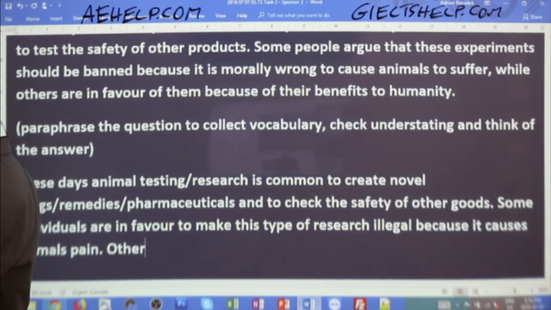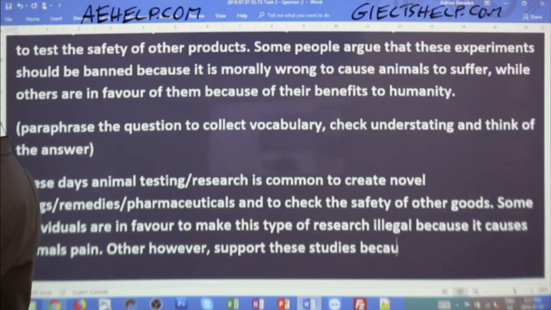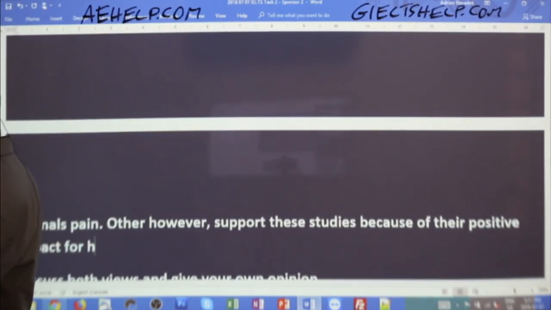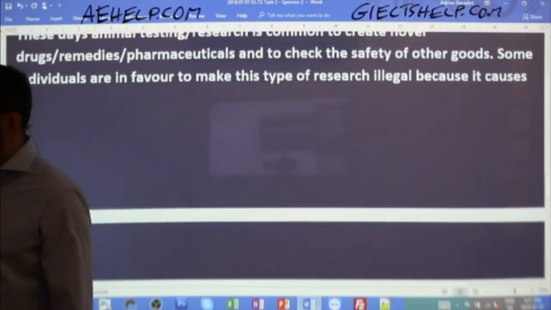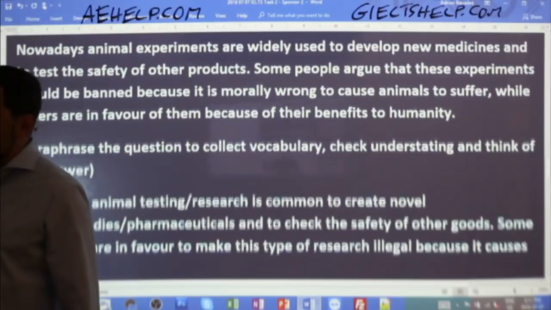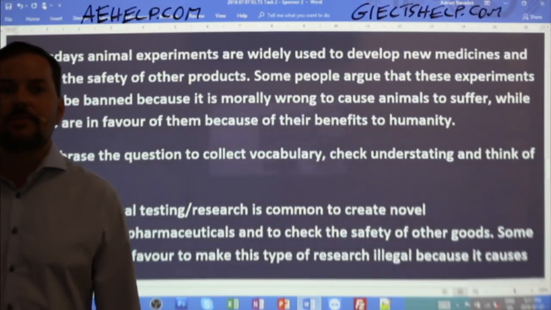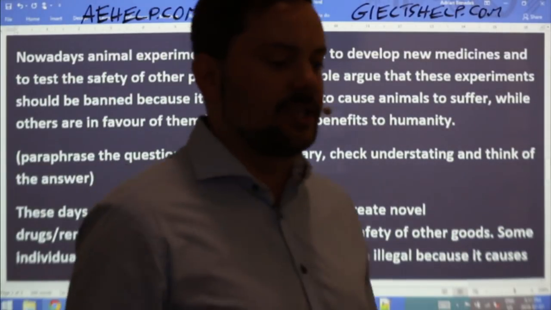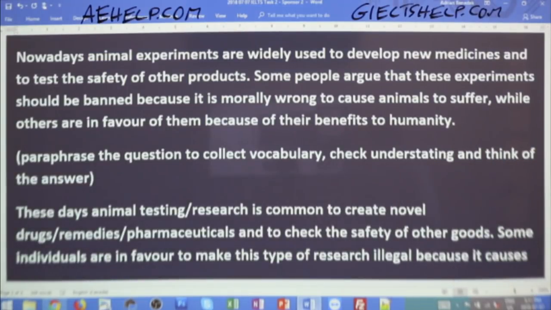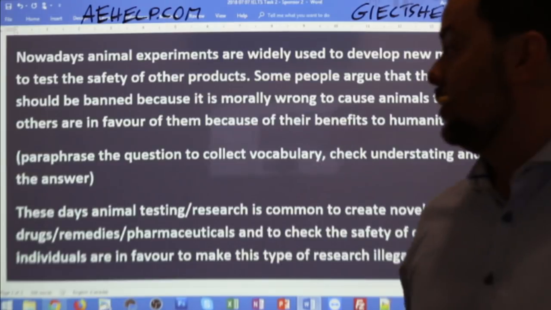Others, however, support these studies because of their positive impact for humans. Okay, so rolling along nicely, and when you practice this at home, you will get pretty much just as fast as I just did it while you're doing your IELTS exam, and that's great. Okay, then you know that you're doing it right.